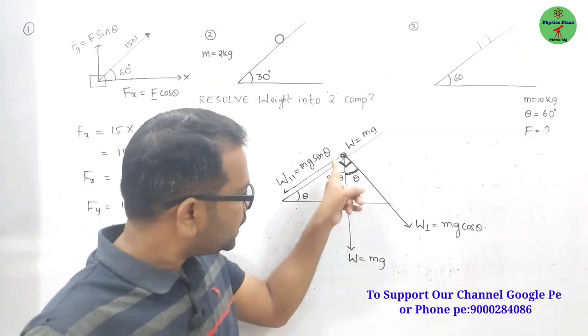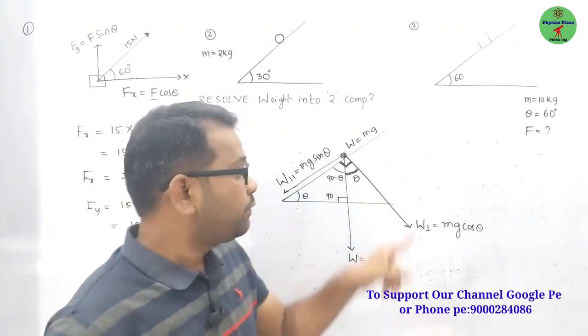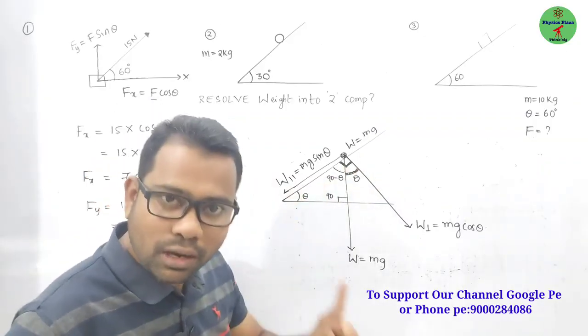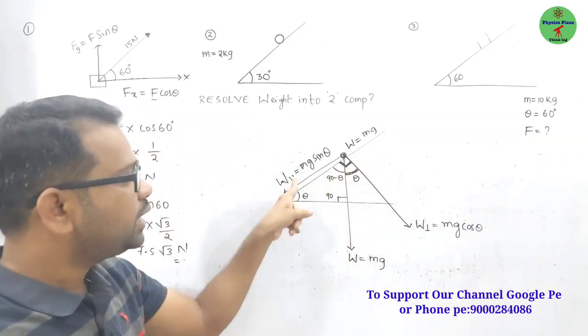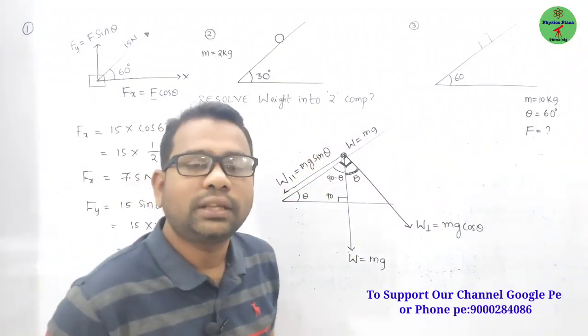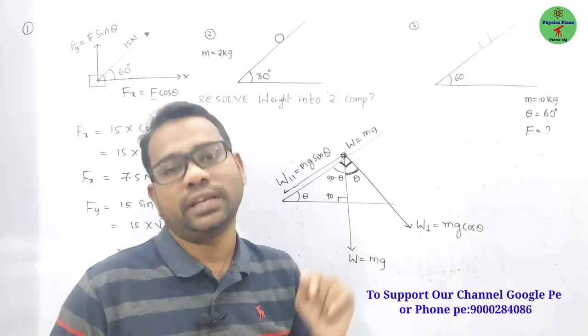Children, it's very important. So here the vertical component to this, children, try to understand, don't get confused. For this inclination, the vertical component is going to be mg cos theta and the parallel component is going to be mg sin theta. Now what are they asking? They are asking us to calculate the parallel component and the vertical component to that inclination, right?